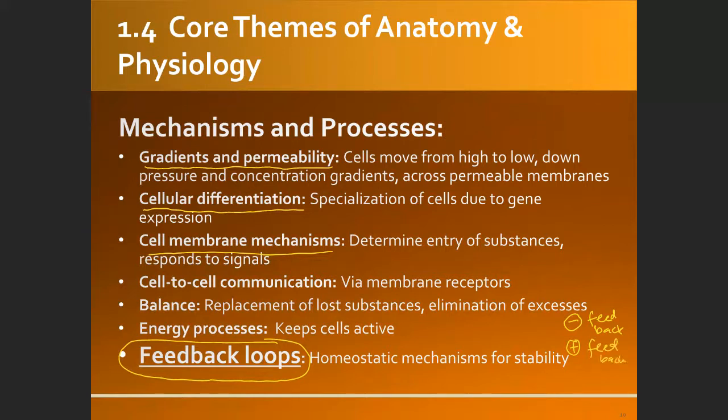Our body uses the negative feedback loop more than 90% of the time, so it is the most important type of feedback loop in our body. We use about 10% positive feedback loops in some conditions. We are going to talk about this later.